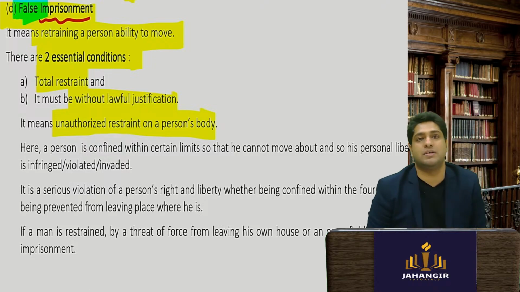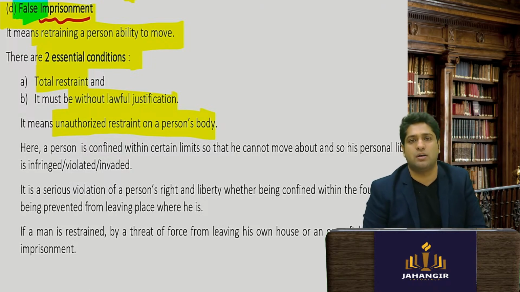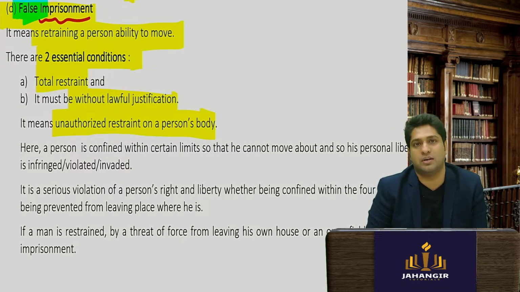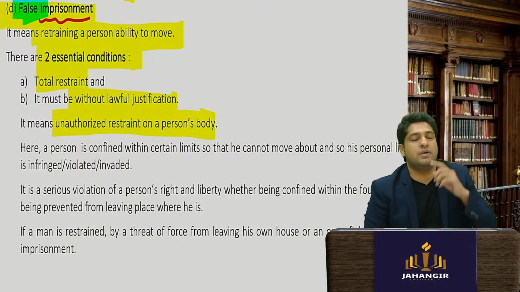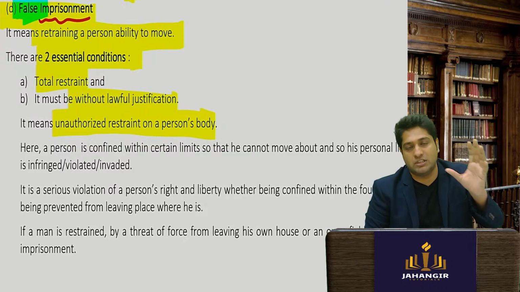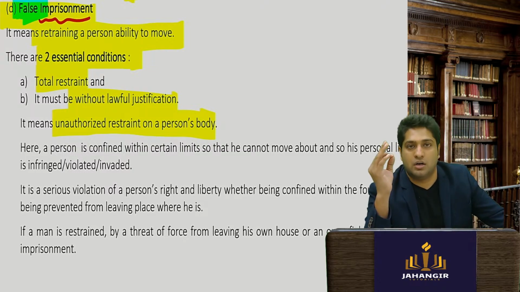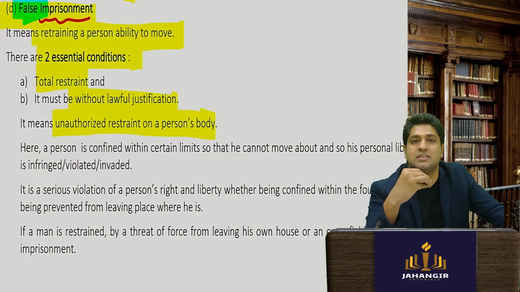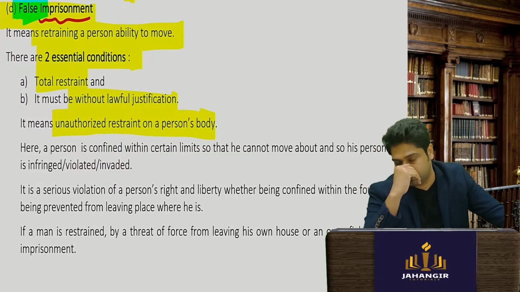Next is false imprisonment. Imprisonment means what? In jail, you tell me, in jail can you go out? They say no. False imprisonment affects a person's personal liberty to move around.